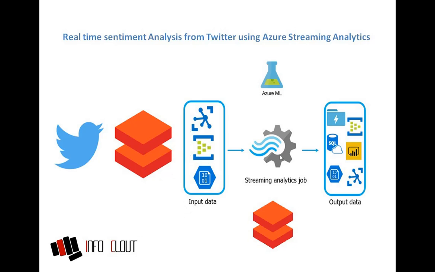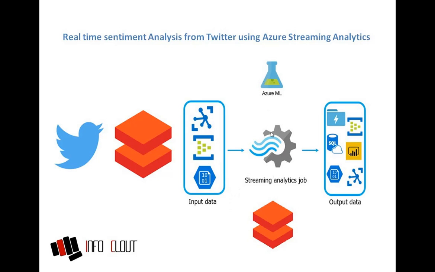So my real data flow comes from Twitter, moving into Azure Databricks, and from Azure Databricks it moves on to Azure Event Hub. From the Event Hub, it goes via a streaming analytics service into Power BI. On streaming analytics, you have inputs, outputs, and queries. The inputs for streaming analytics could be another streaming analytics service itself, an Azure Event Hub, an Azure IoT Hub, or a blob store.